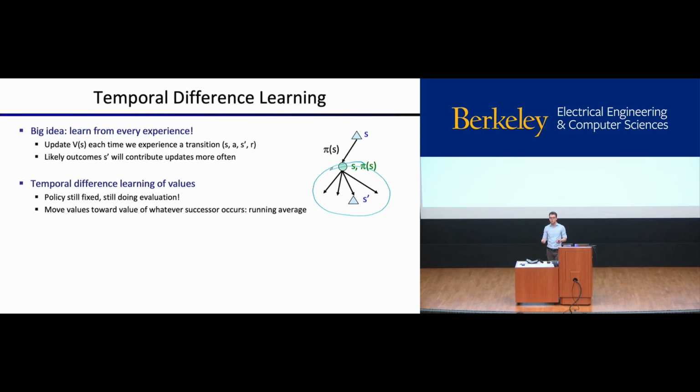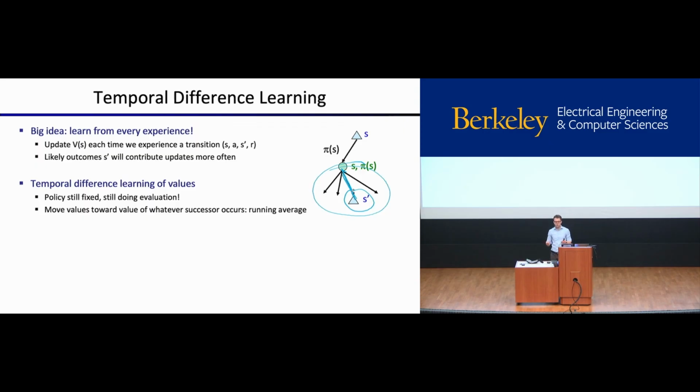We have to have a probability distribution over all these outcomes so that we can evaluate the chance node. But now we're just going to pull a sample from this particular state. We take a state, we take an action, and then we see what happens, and it was this outcome. We'll just say whatever the value of that outcome was will be representative of what we would have got if we had done this whole expectation.